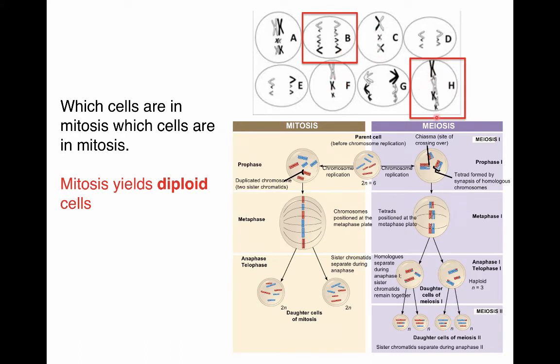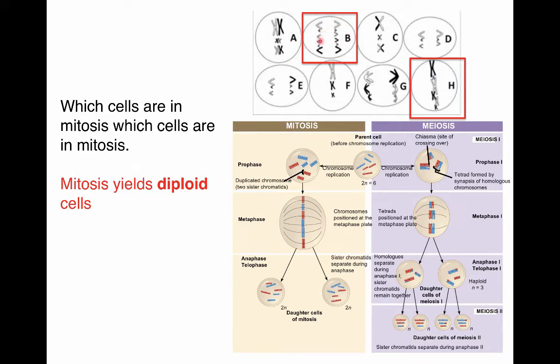Here there are 6 chromosomes. So this is going to be mitosis because you're going to end up with diploid cells. Once these sister chromatids separate, you'll get this. And so this is metaphase of mitosis. This would be anaphase of mitosis. The 2 sister chromatids separate, and you'll end up with 2 cells, each with 6 chromosomes.